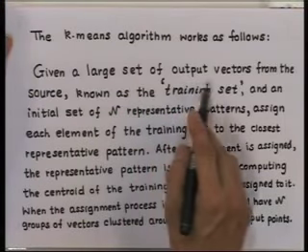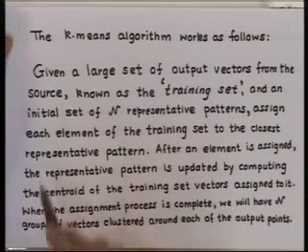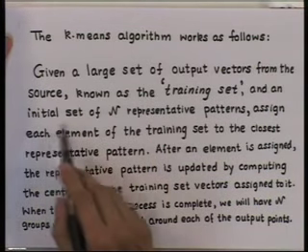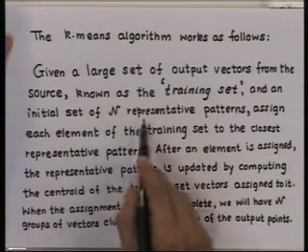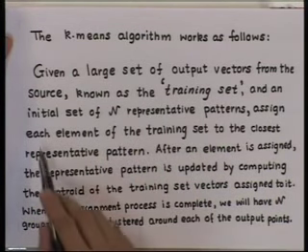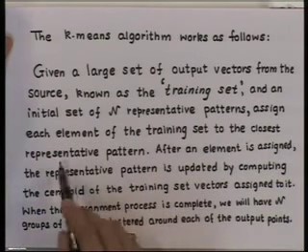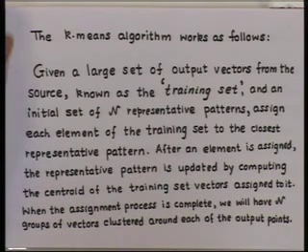recognition applications. The k-means algorithm works as follows: given a large set of output vectors from the source, known as the training set, and an initial set of n representative patterns, assign each element of the training set to the closest representative pattern.